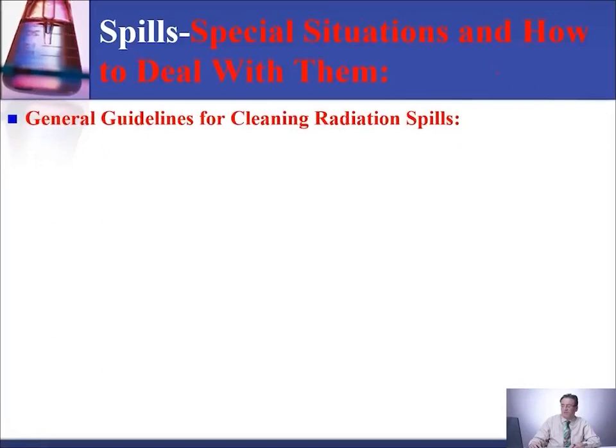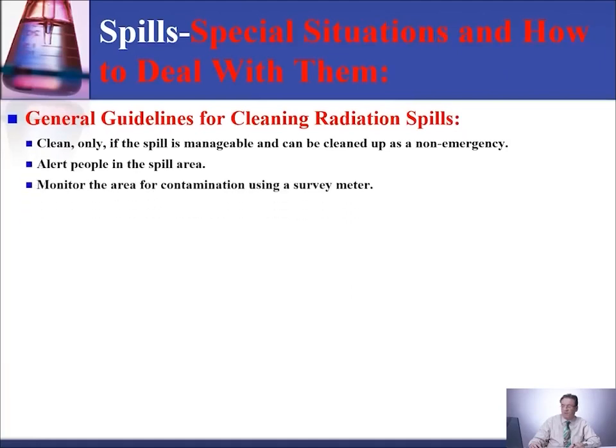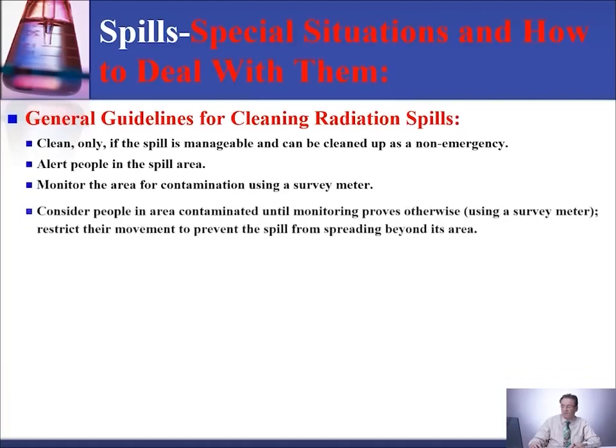General guidelines for cleaning a radiation spill if it happens. Clean only if the spill is manageable and can be cleaned up as a non-emergency. Alert people in the spill area.